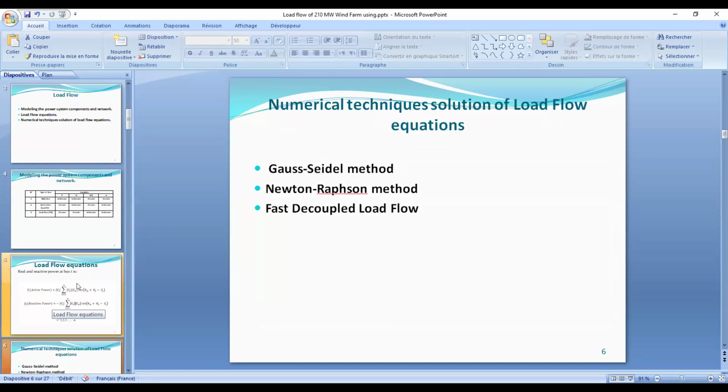The following methods are used for the solution of the load flow problem. These are numerical methods for the solution of load flow equations. Three methods are programmed in ETAP: the Gauss-Seidel method, the Newton-Raphson method, and fast decoupled load flow.